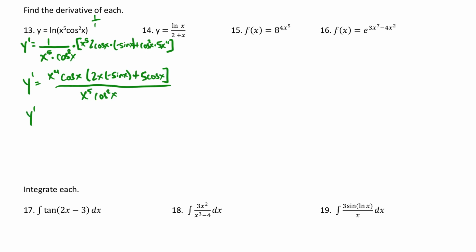So I end up with y prime equaling 4 of these with that, this cosine with one of those, and then I'll end up with negative 2x sine x on top plus the 5 cosine x all over. I've got 1x left down here, and I've got a cosine x left down here.